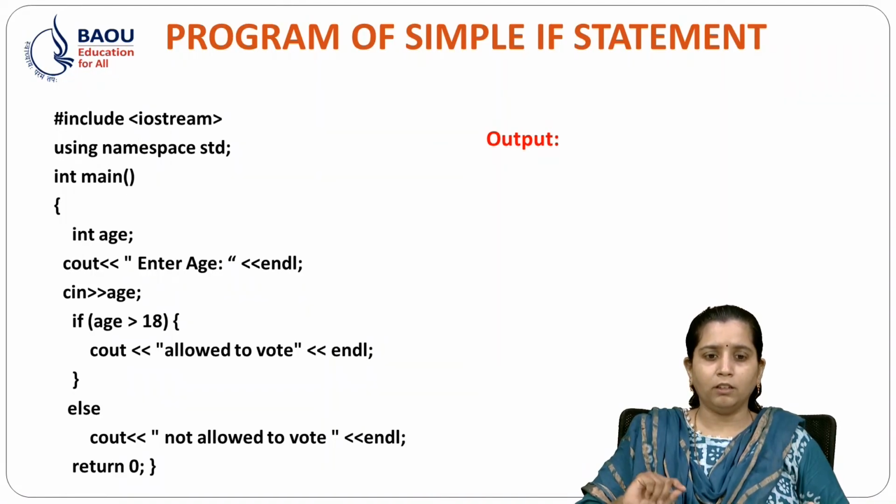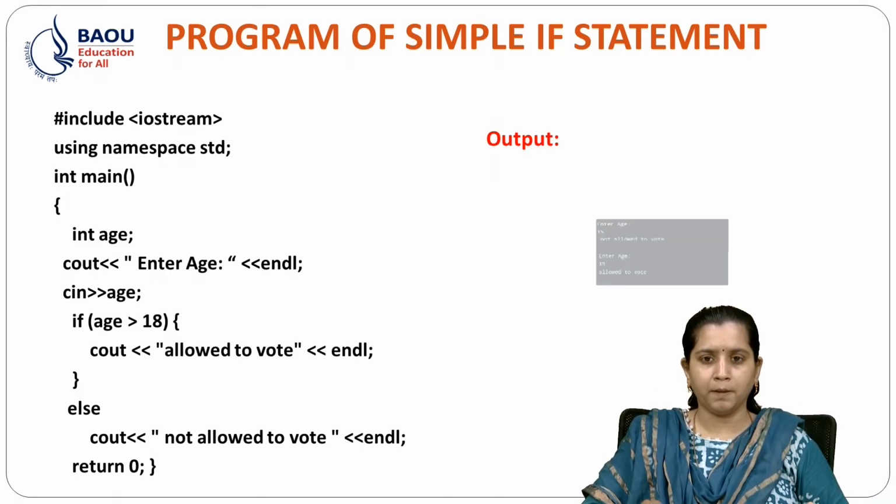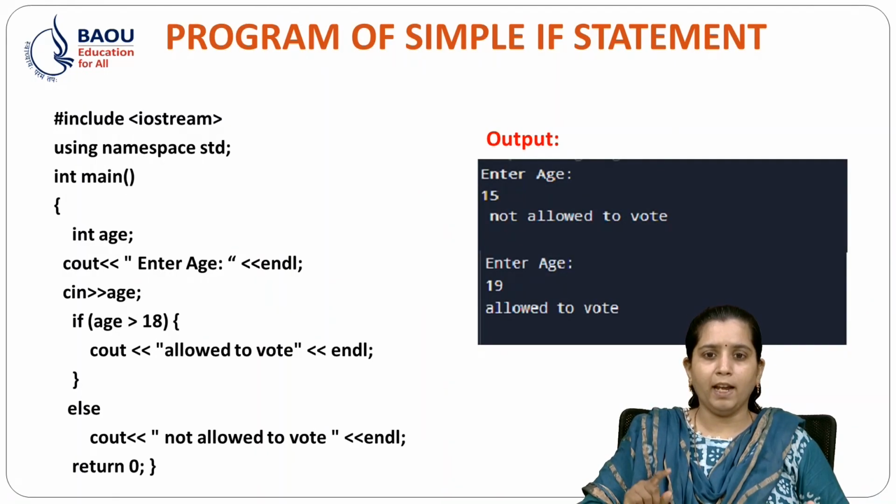Otherwise, in else block it will show that not allowed to vote. Now let's see the output. When we run this program, what will we get? First of all, when I enter 15, then the else block will be executed, that is not allowed to vote. And when I enter 19, then if block is executed, so we will get allowed to vote in our output.